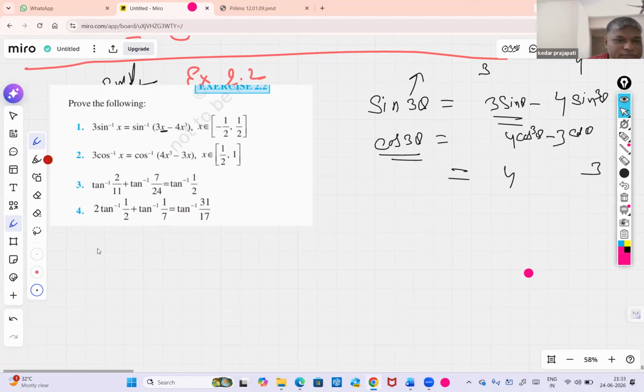Now, in order to solve the first question, going from LHS to RHS is easy. If you take 3 sine inverse x and start from LHS, you will not be able to do it.